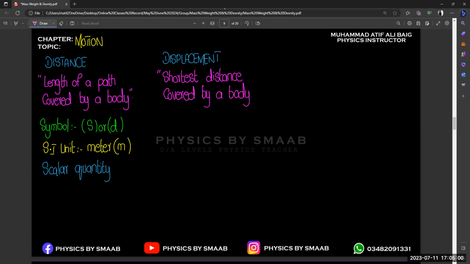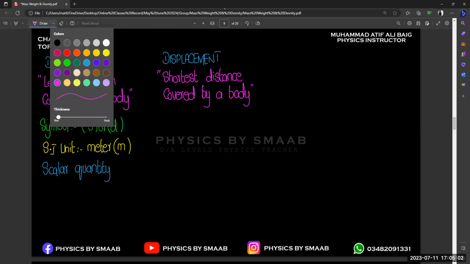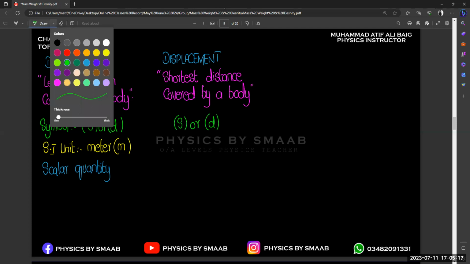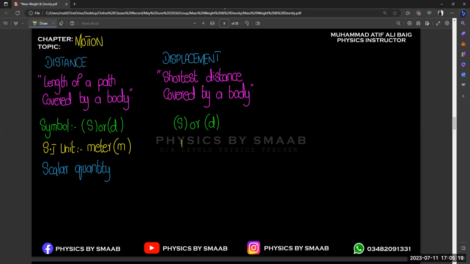And we need all the points already written in the column of distance. For distance and displacement, we are using the same symbol, s or d. And the SI unit is also the same, meter, small m.